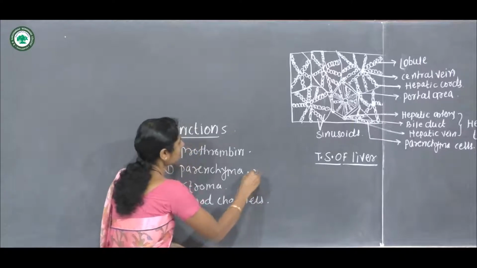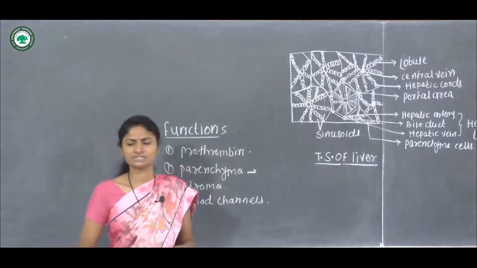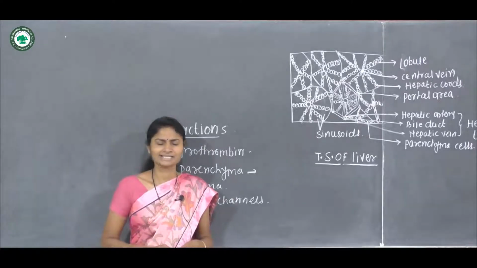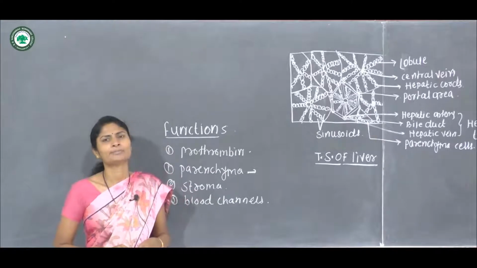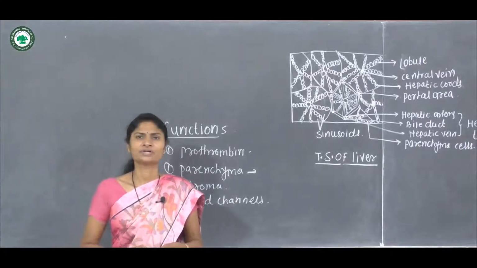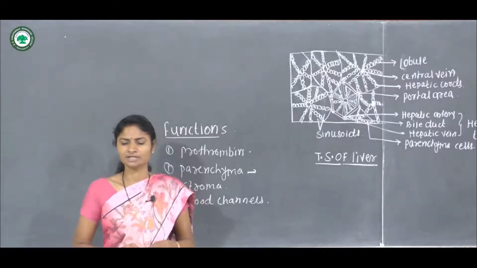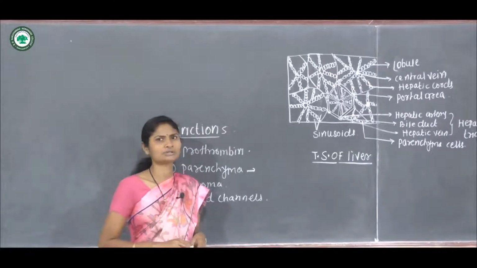The first component, parenchyma, mainly consists of hepatic cells, or hepatocytes. These are the structural and functional unit of the liver.